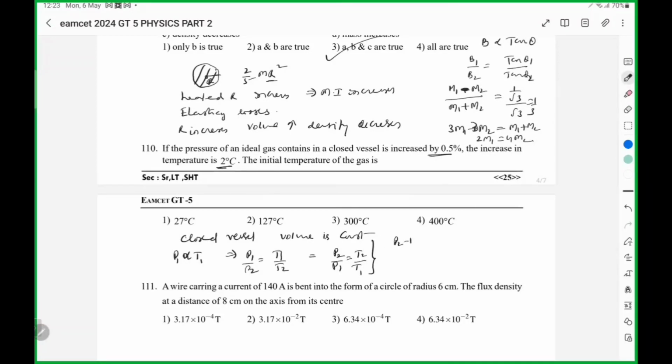So increase in pressure is T2 minus T1 by T1 into 100. Increase in pressure is 0.5.